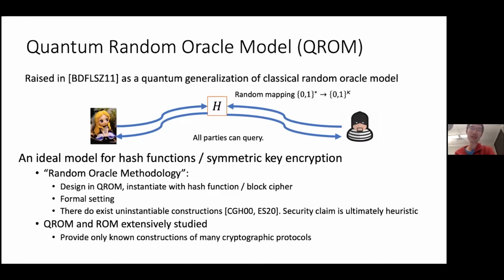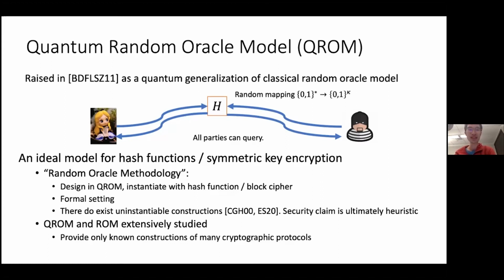For the same input, the oracle will output the same output, which is a random string. And for different inputs, the oracle will output different outputs, which are independently random strings. This is an ideal model for hash functions or symmetric encryption.